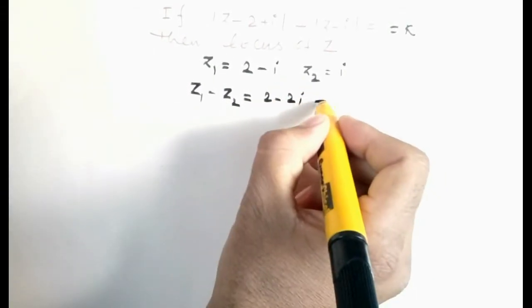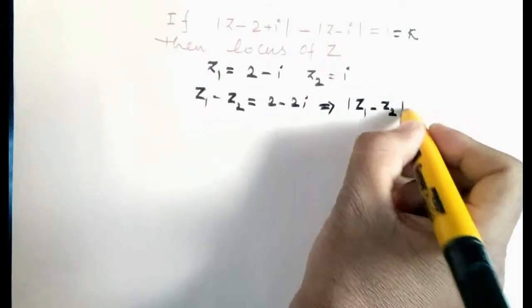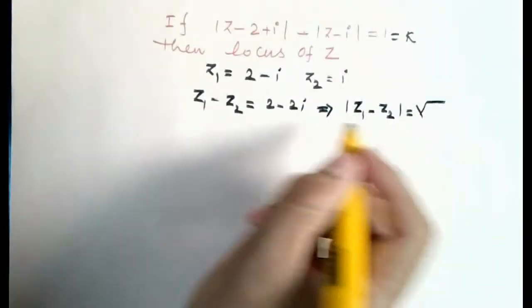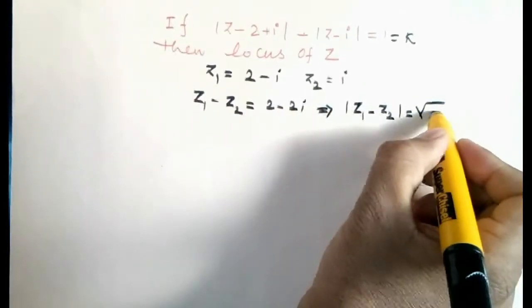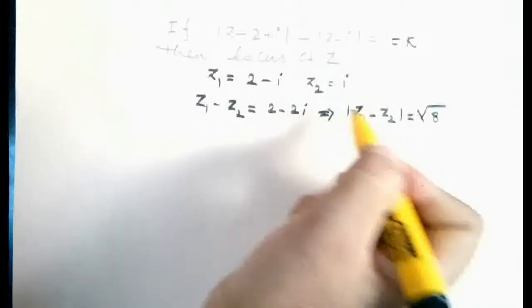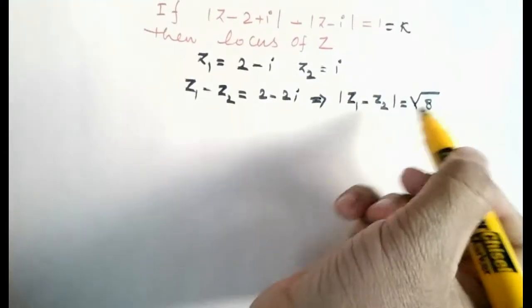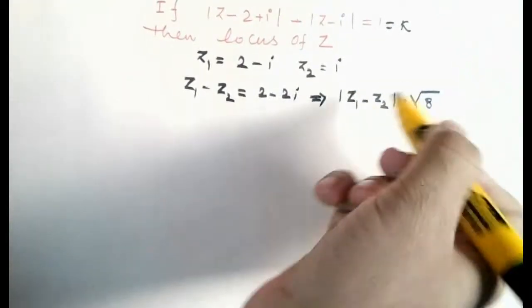So immediately I calculate modulus of Z1 minus Z2. That is equal to root of 4 plus 4, which is root 8. Now you see the value of K. The value of K is 1, and root 8 is more than 1. Obviously root 8 is 2 point something, nearer to 3.